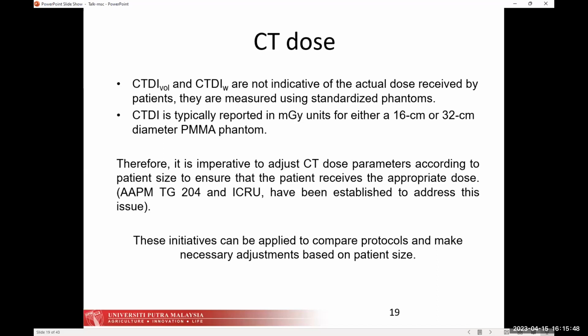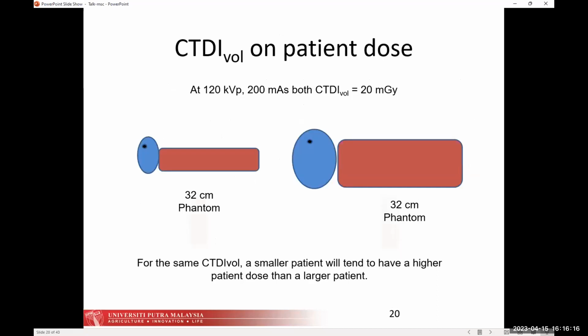Hence, it is important for us to adjust CT dose parameters according to patient size, because this is the case represented in most reports. So AAPM TG204 and others have also established this issue.